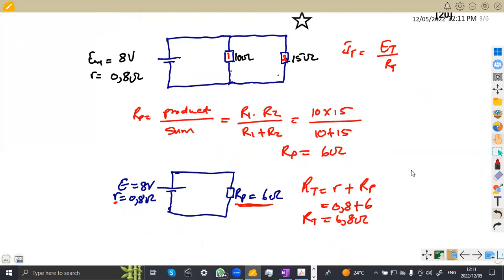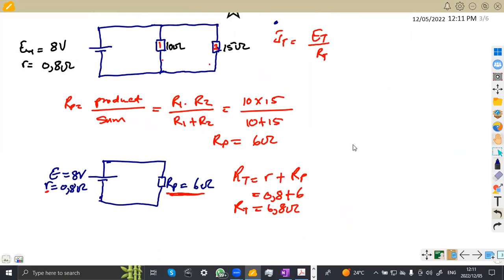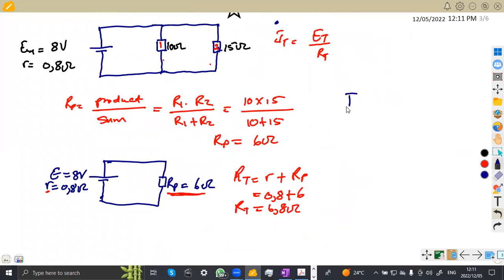But the question is not about the total resistance, it's about the total current in the circuit. So to find this total current from this combination, we say the total current is E over R, that is the total EMF, which is 8, over the total resistance of the circuit, which is 6.8. So that enables us to calculate the total current.